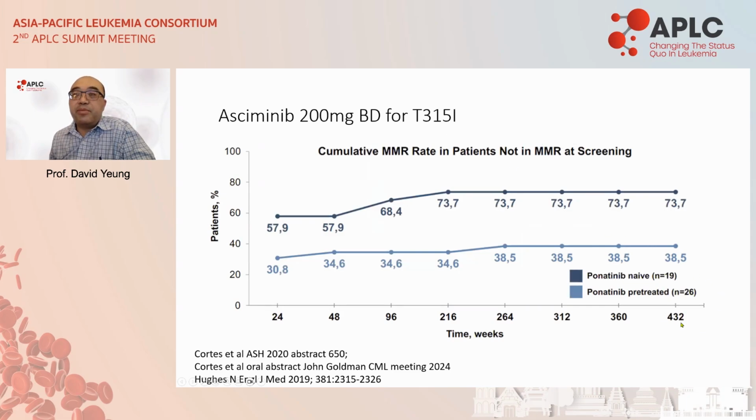You'll see that with quite long-term follow-up, 432 weeks, this is a very clinically significant MMR achievement rate in patients both ponatinib naive as well as those failing ponatinib. This really, again, confirmed the basis for asciminib use in T315I mutated disease.